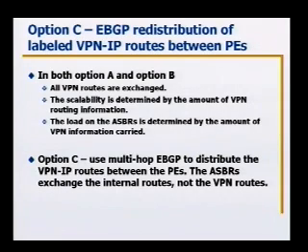Option C comes to solve these scalability problems by using the same approach that we've seen before: don't carry all the VPN routes, carry only enough information, carry only the internal routes. So you use eBGP to distribute the VPN-IP routes between the PEs, and the ASBRs only exchange the internal routes to these PEs.